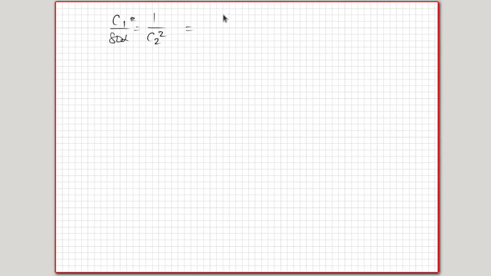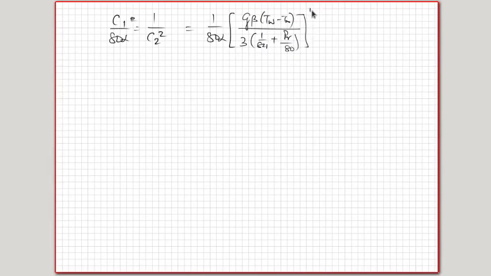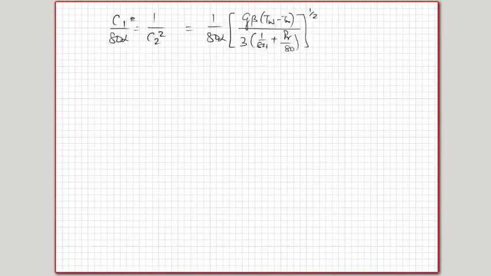That is equal to 1 over 80 alpha times g beta into t1 minus t infinity divided by 3 times 1 by 84 plus Prandtl by 80, whole thing raised to the power of half, right?